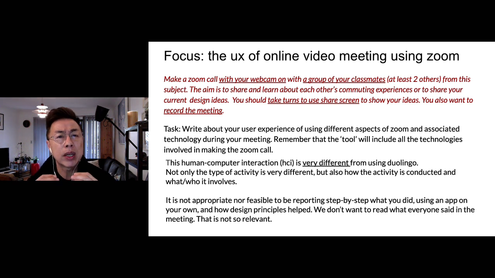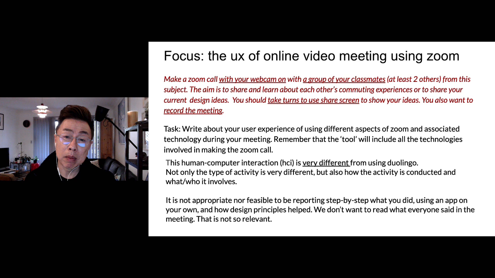What exactly the content is that you are doing with each other on this Zoom meeting is not that important, but what's important is that you get to share screen. So you get to use the Zoom technology to take turns to share screen with each other. So I want you to be able to write about the user experience of sharing your screen and also looking at other people's shared screen.